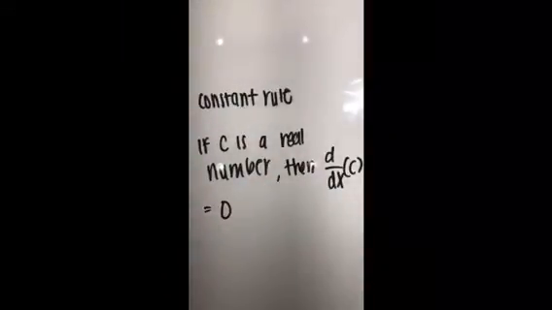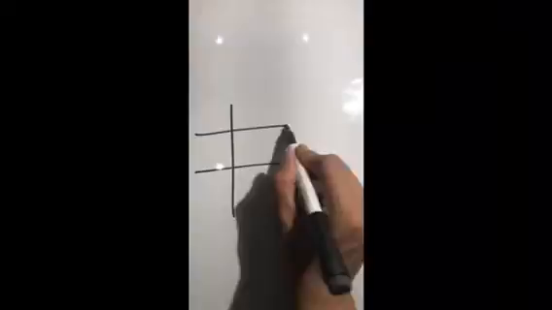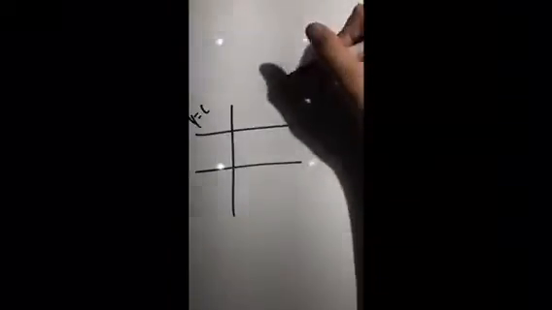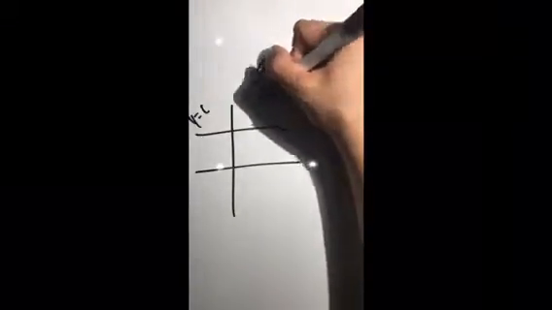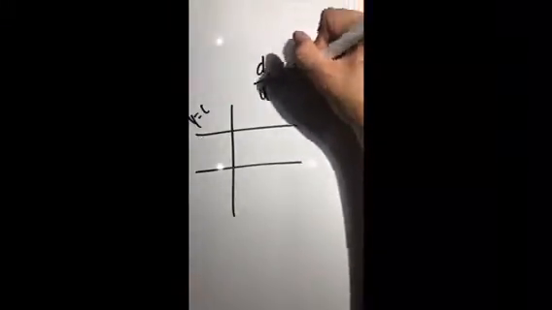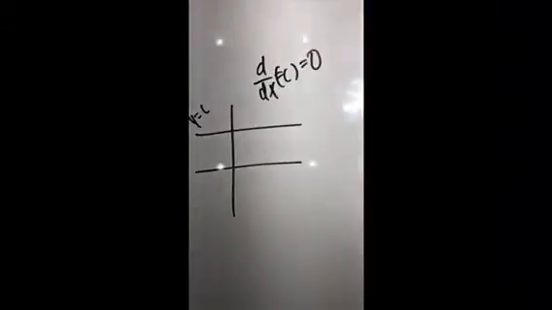So if c is a real number, then the derivative of c with respect to x equals 0. We can prove this rule correct with a simple graph. If we have a line and we say y equals c, then we know the slope of a line is 0, which comes out to be the same thing as d/dx of c equals 0.